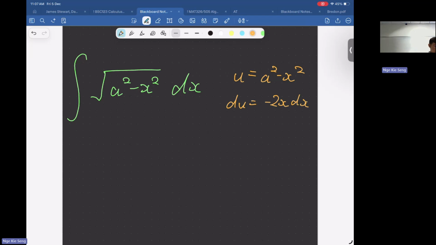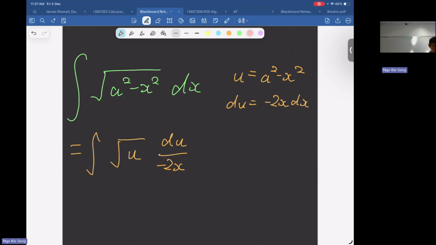But then you realize that if you do this substitution, you get square root u, and then you cannot make your x disappear, because there's a derivative that comes out here.